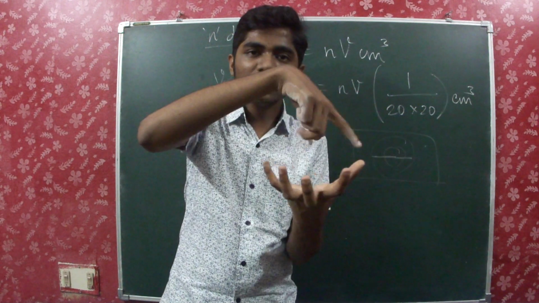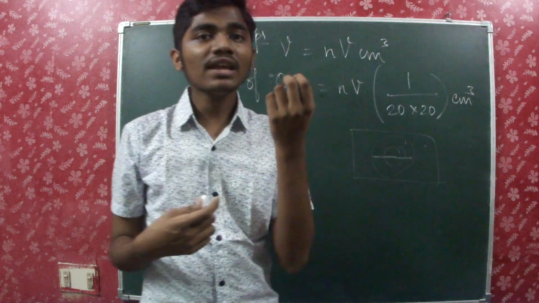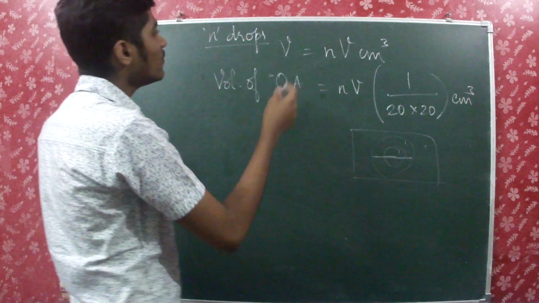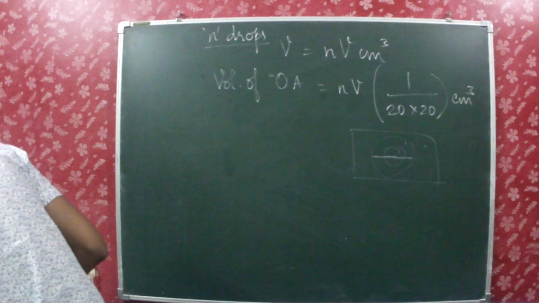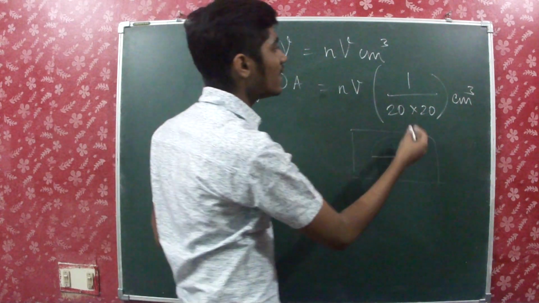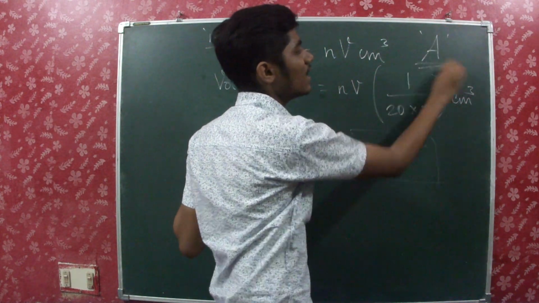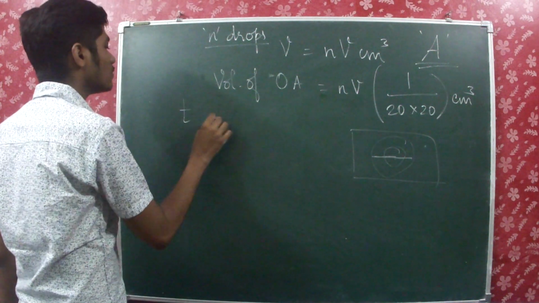We can find the diameter of this widening film, and hence we can find the area of the film. So we'll find out the area and let that area be A, just A.